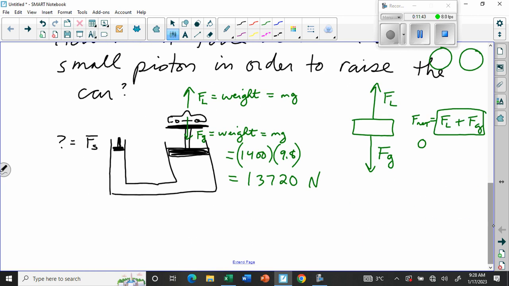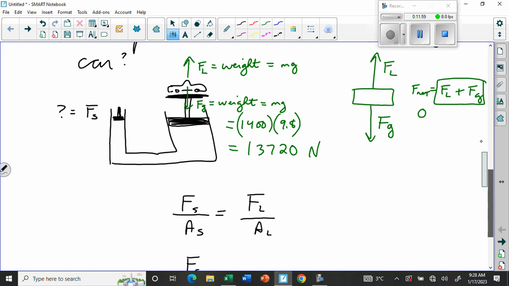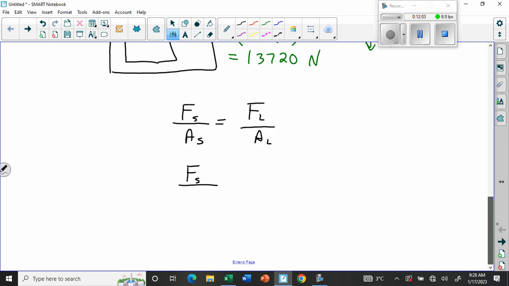Okay, so let's put it all together now. We go back to that statement. The force of the small and the area of the small equals force at the large, area at the large. Well, we don't know the force of the small, but we do know the area. I told you that just now. So we'll go back up there, 0.013.